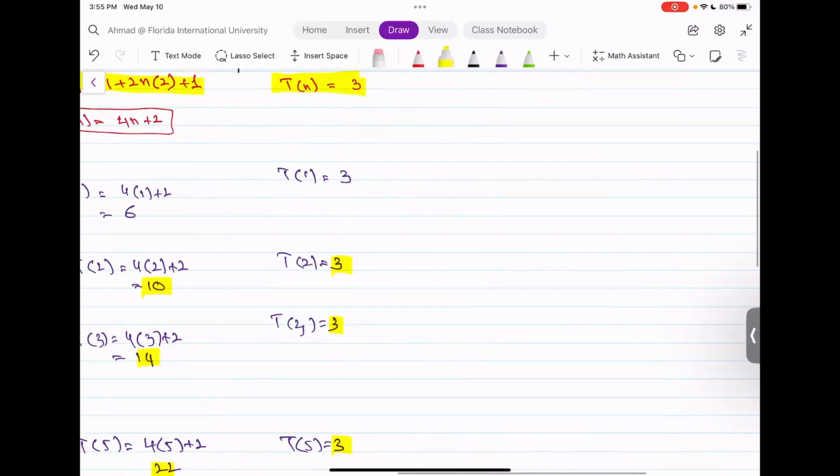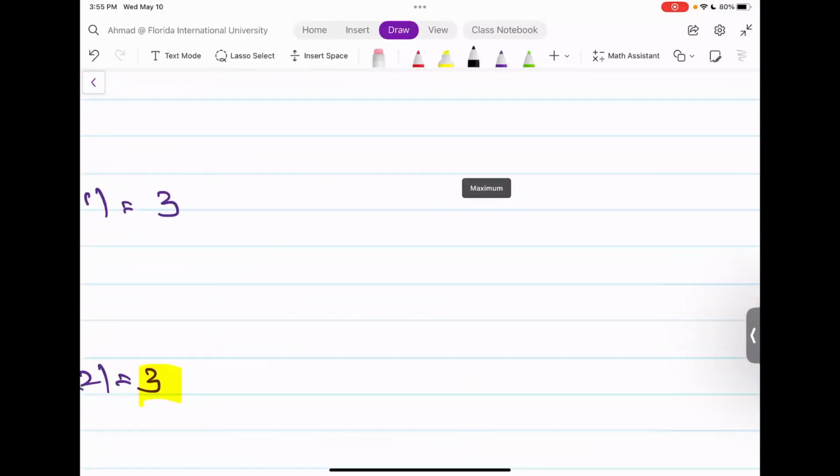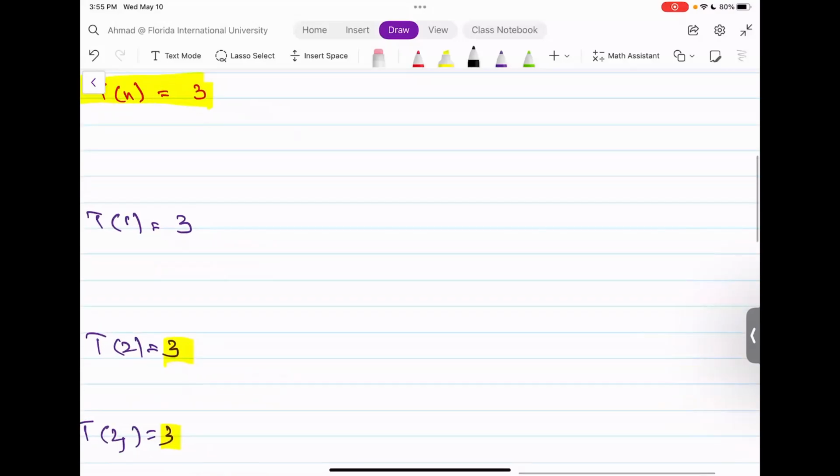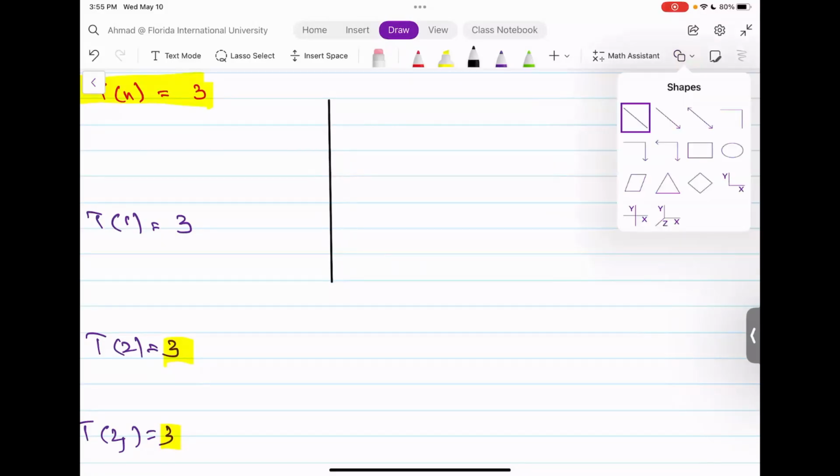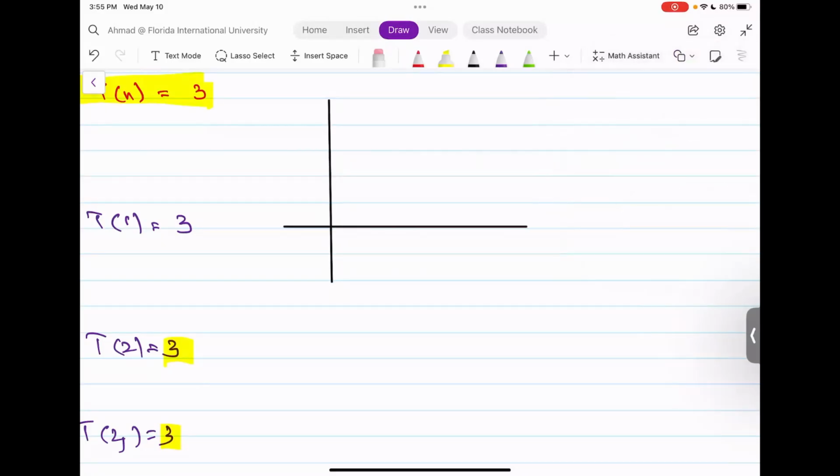So if I try to plot it as a graph, we can draw it with the help of some function. On the y-axis, we say this is time, right?